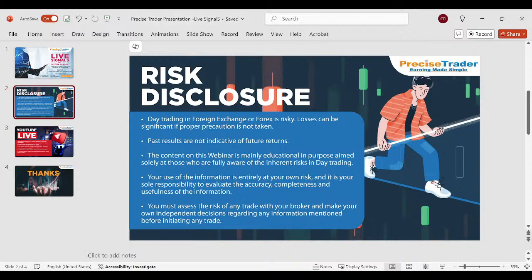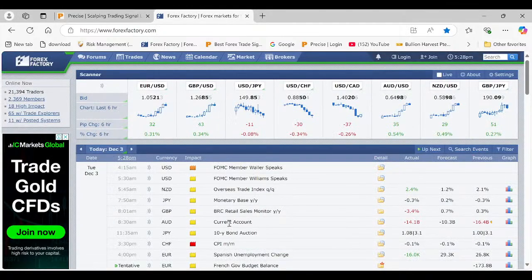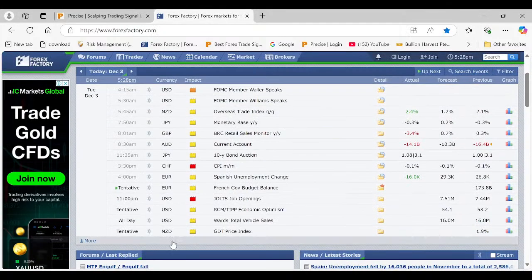So with that, I think we proceed with our live trades and live analysis. Before we go into the live analysis, we need to know what are the key data that is going to be out tonight. We have from the US at 2300 hours JOLTS job openings, and expected is about 7.51 million forecast.